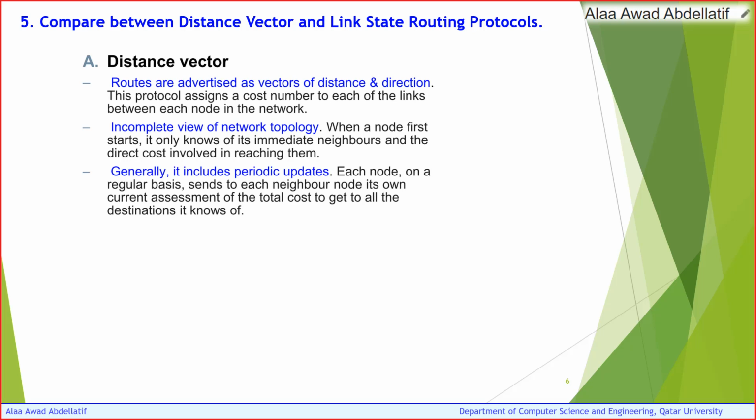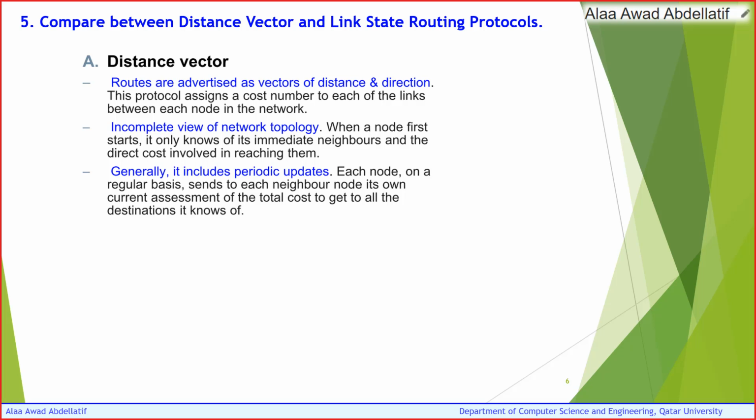For distance vector routing protocols, we have three main characteristics or features. Routes are advertised as vectors of distance and direction, so we exchange updates or routes as a vector. This vector contains a distance to a certain destination and the direction of this route.